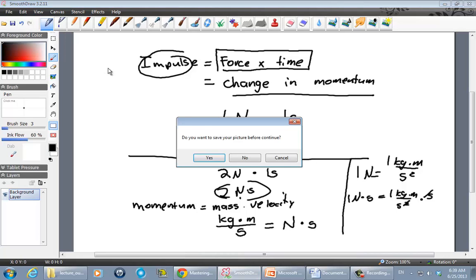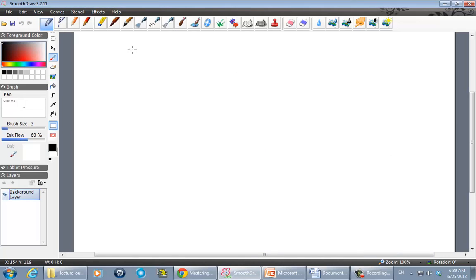Okay, first we have momentum. Momentum equals mass times velocity. So we're going to start with the concrete wall, and we'll have the haystack.